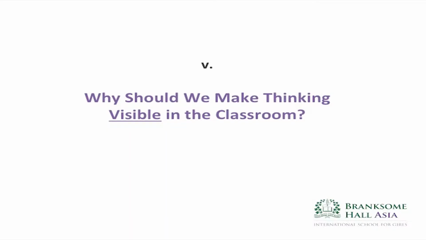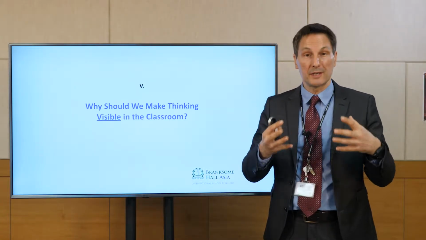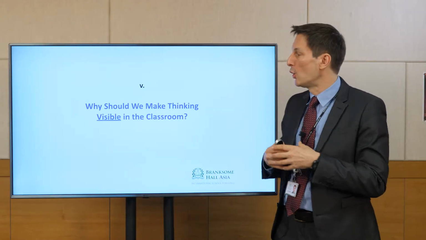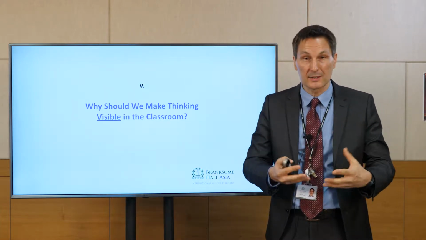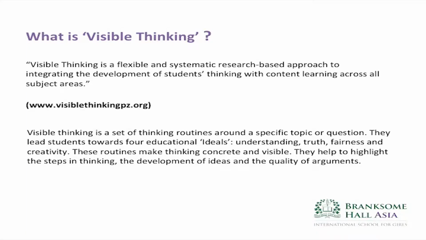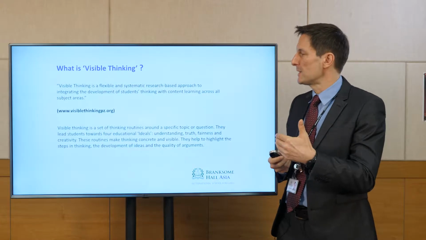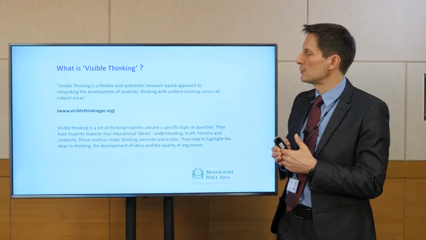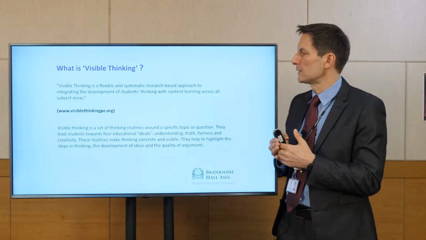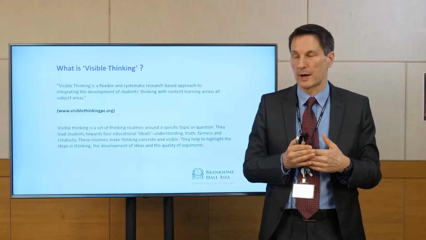So that brings me to my fifth big question, which is why should we be making all this thinking that we're doing, this critical thinking, visible in the classroom so that we can actually see it happening? A very quick definition is that visible thinking is a flexible, systematic, research-based approach to integrating the development of students' thinking with content learning across all the subject areas.